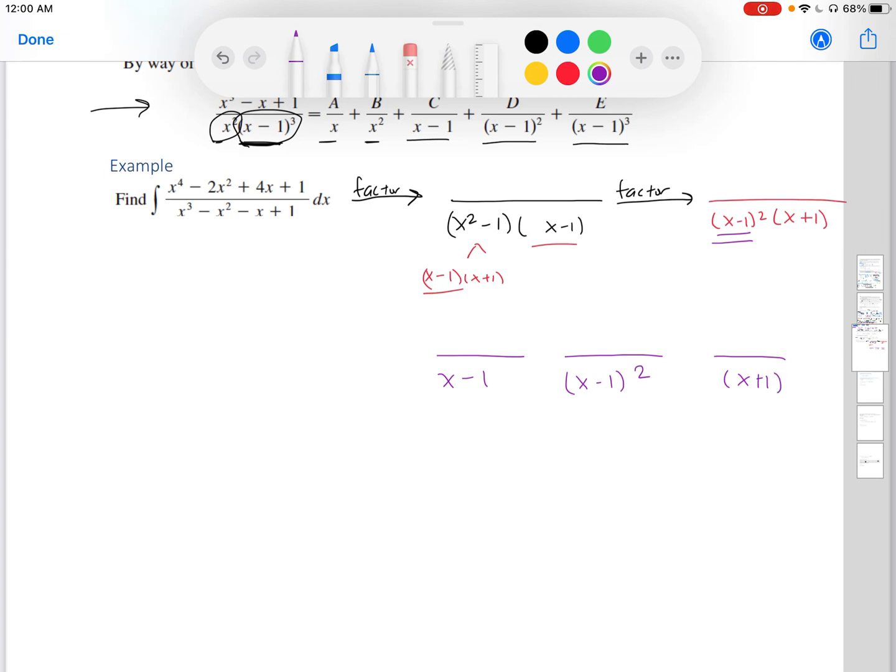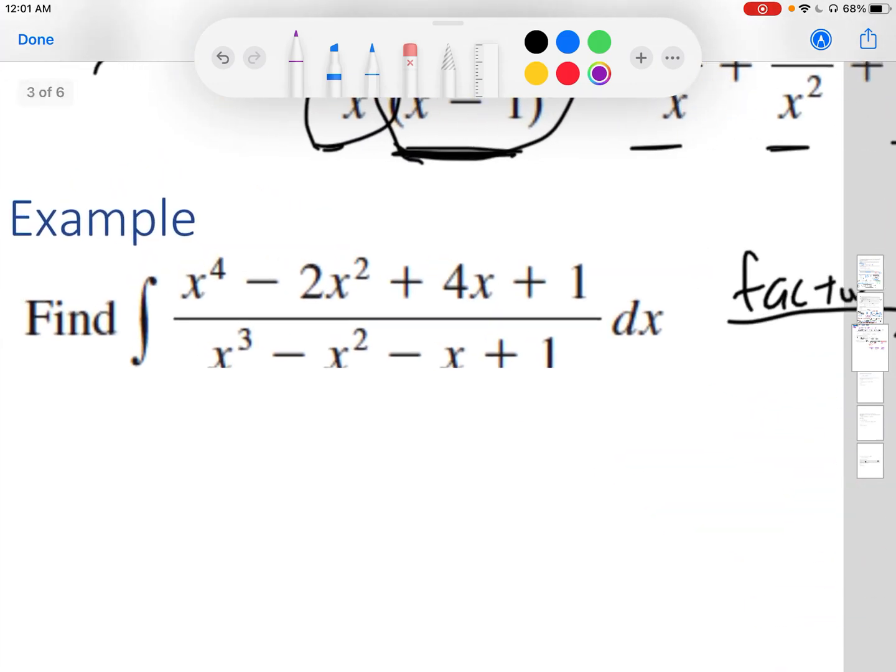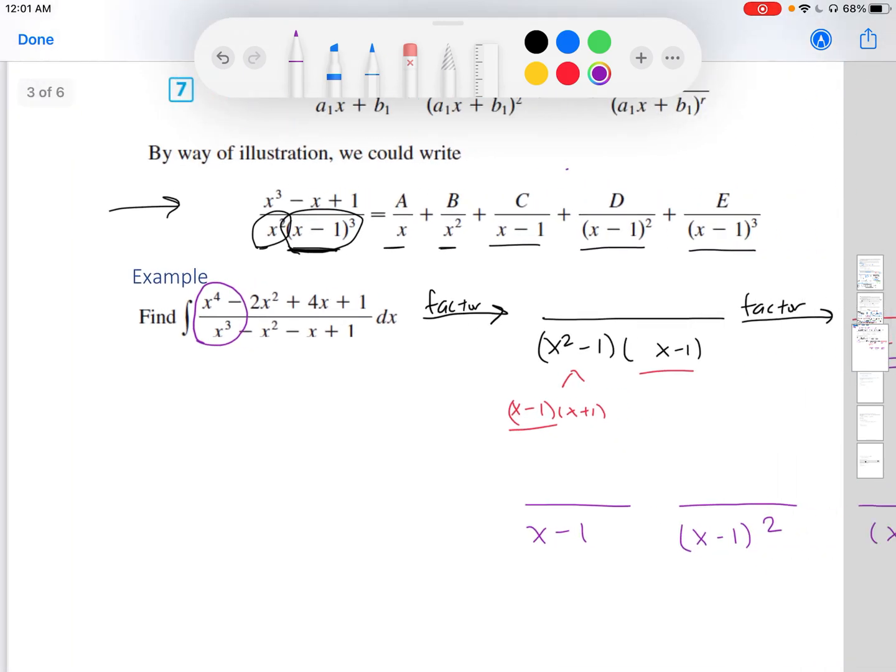All right, so that's what we're going to see for this partial fraction. Let's analyze this problem a bit first. Looking at the degrees of our polynomials, our numerator is larger than our denominator. So our first step would be long division.